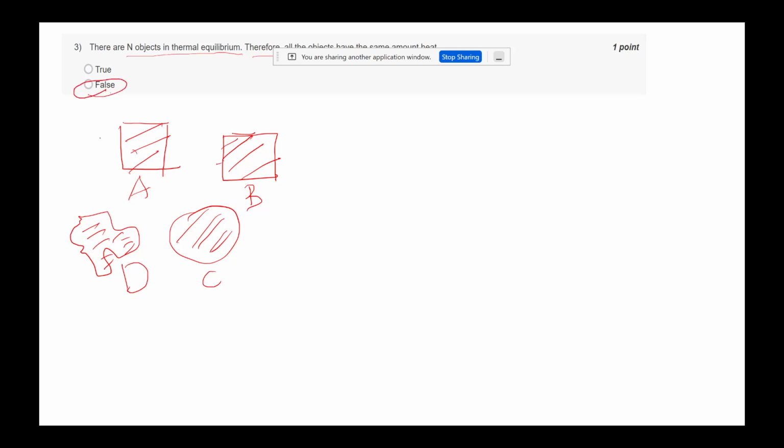This will be false, because the zeroth law of thermodynamics says that when A, B, C, D, any number of systems are in thermal equilibrium, they have the same temperature, right? They do not talk about whether they have the same amount of heat or not.